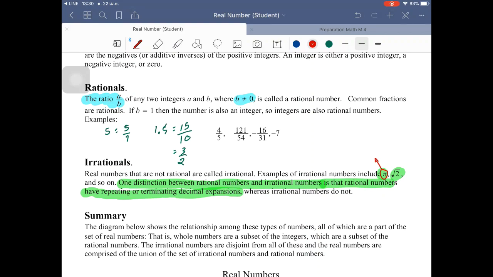What is the value of pi? Obviously, the value of pi is 3.14. But actually, the value of pi is not terminating, because its value is 3.14159265359 and so on. How can you write this decimal as a ratio? It's impossible, right? So pi is considered an irrational number.